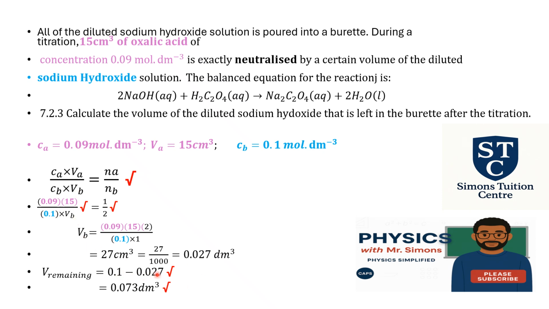So 0,1 minus that gives me 0,073 decimeter cubed remaining. So 1 mark for the correct formula, 1 for correct substitution in the first part, 1 for correct substitution in the second part, and 1 mark for subtracting from the 0,1 decimeter cubed which we were given in the beginning, and the answer.